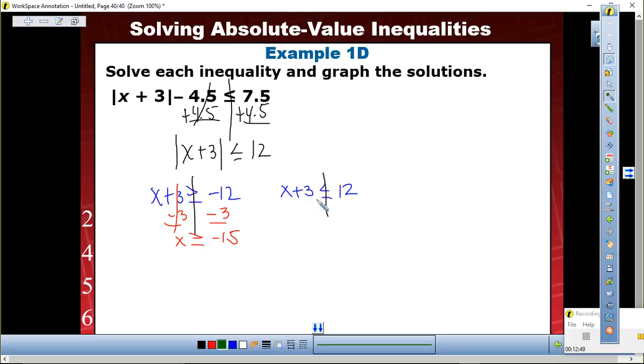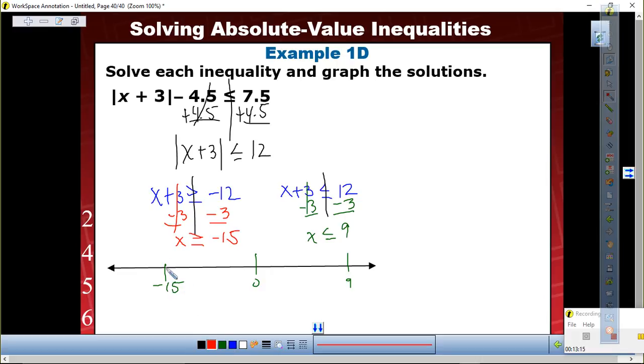Okay. How about this one? You subtract 3 from each side. And we end up with? X is less than or greater... No, less than or equal to 9. Pass someone. Close it all the way.